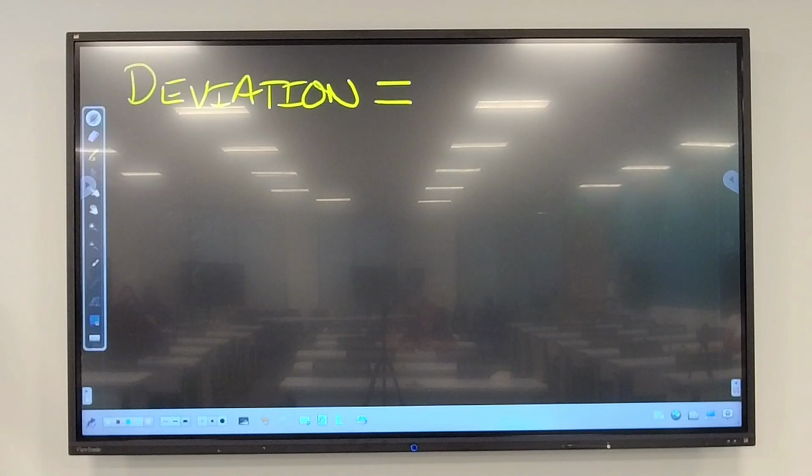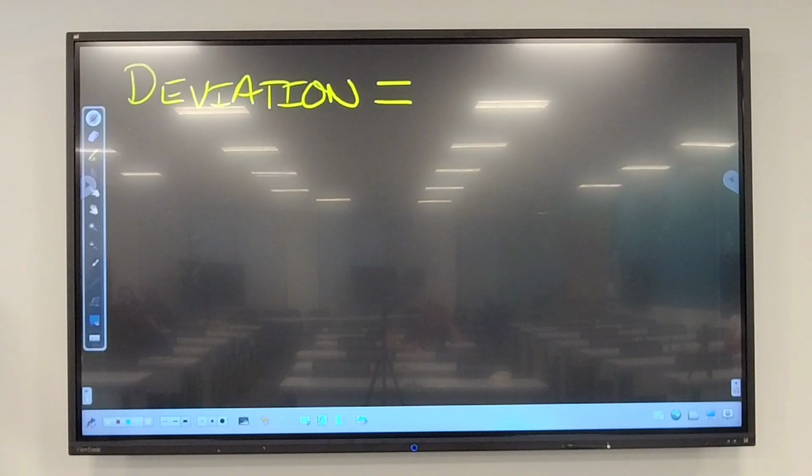And when we developed the standard deviation, how did we get that? We couldn't use the average deviation. We had to do this standardization procedure to turn it into a standard deviation. And what did that entail?